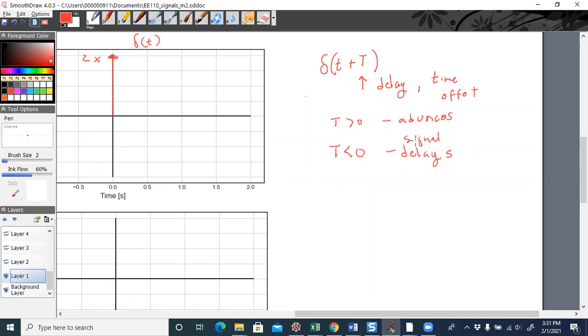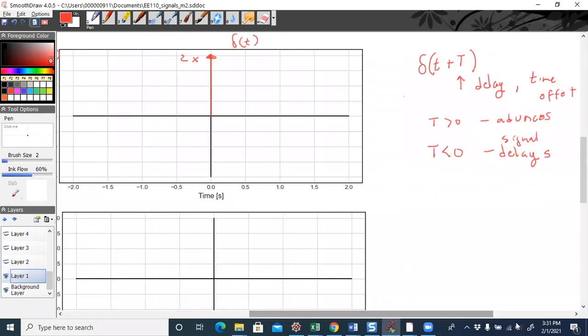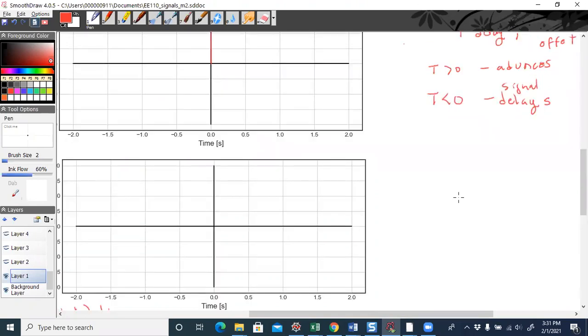But what this kind of means is that if t is greater than 0, you're going to plot it on the negative axis, and if t is less than 0, you're going to put it on the positive part of the x-axis, because you've delayed it. All right.